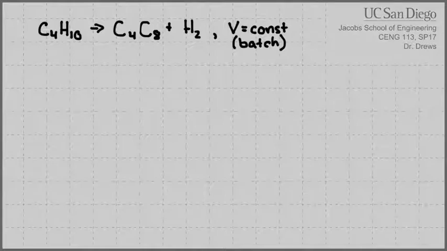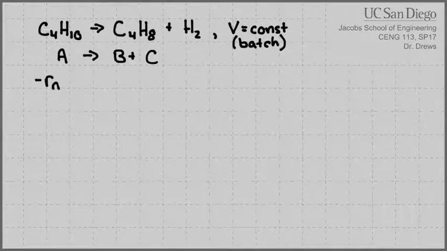I tend to write things like this just because it's easy. So the rate of disappearance of A, if this is an elementary reaction, is just K times CA.